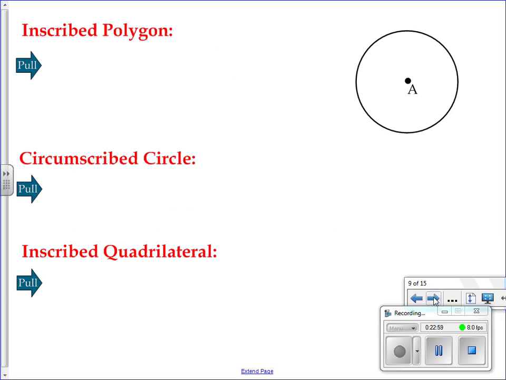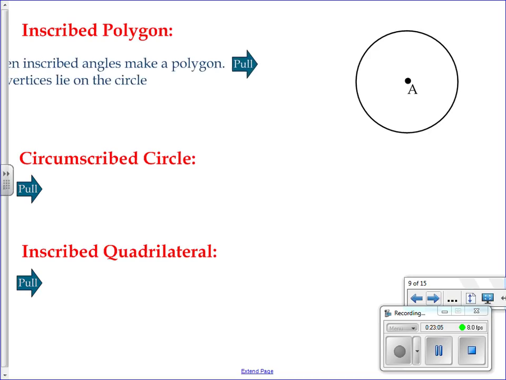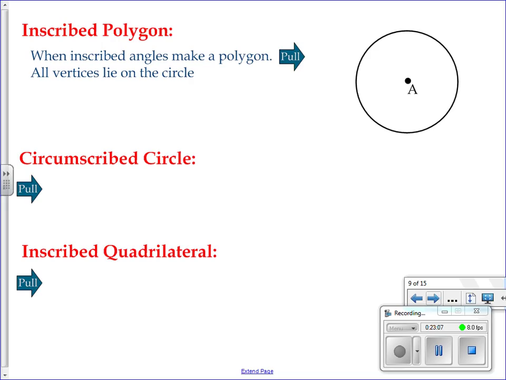Okay, so now we're just going to talk about inscribed polygons. So an inscribed polygon is when inscribed angles make a polygon. A polygon is just any shape, like a triangle, and all vertices lie on the circle. Typically the one polygon that we use the most is quadrilaterals.